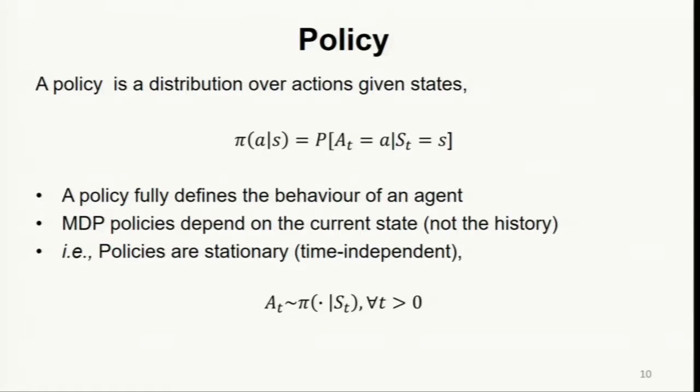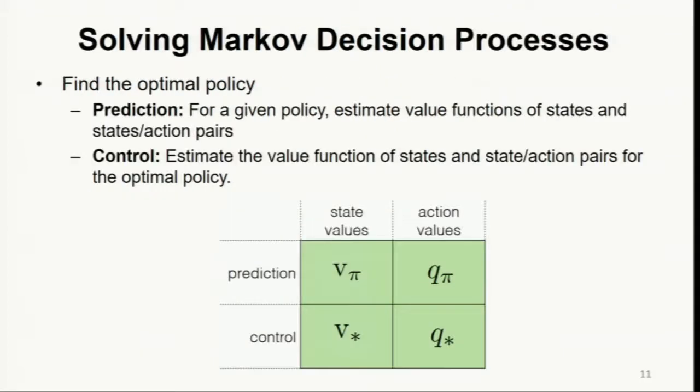A time-independent one is much easier to solve. It actually depends on how you formulate the problem. And then you can make it time-dependent or time-independent. Make sense? So policies are stationary. If you have a non-stationary policy, you're trying to complicate things. So, solving a Markov decision process means finding the optimal policy.